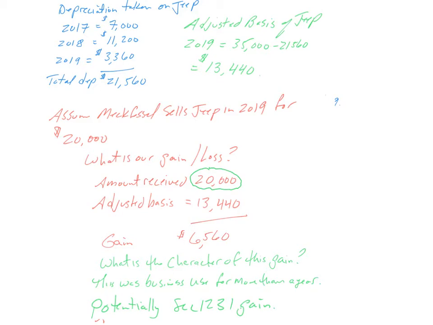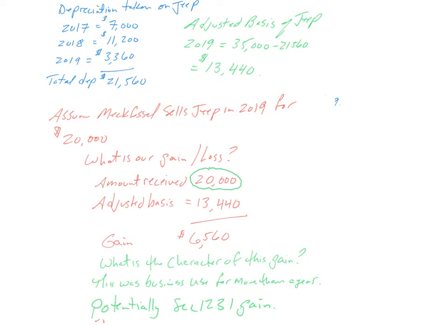If we had not depreciated that asset, we would have sold that asset at a loss. But since it's business use property, we got to have the advantage of depreciating that asset over the last 3 years and enjoyed a tax break via that depreciation deduction for the last 3 years.